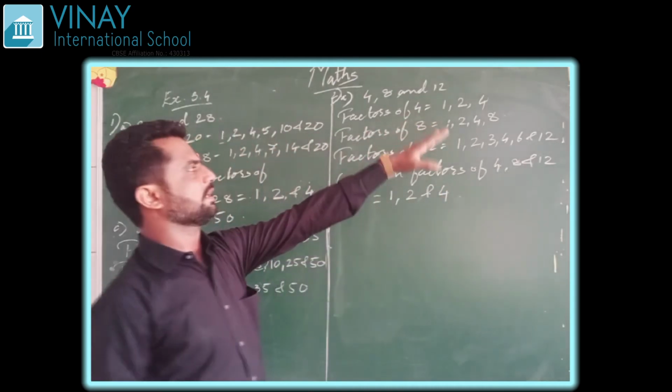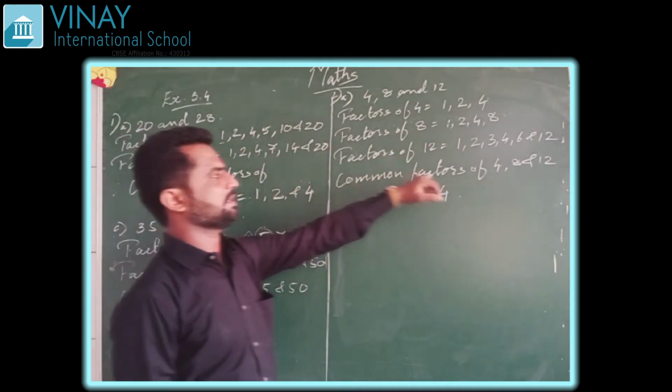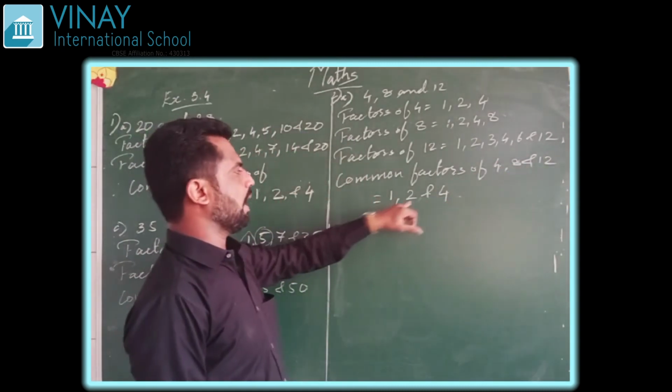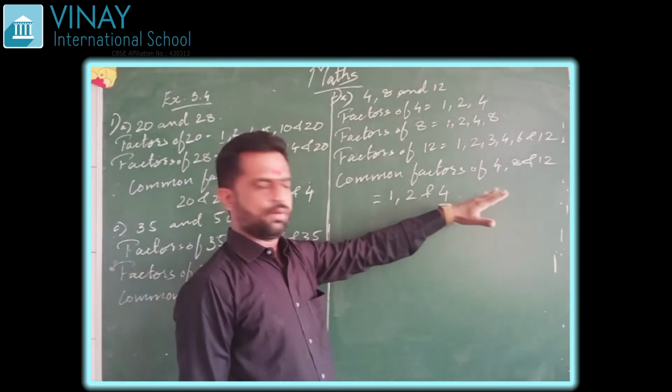That is all the factors of 4. The common factors of 4, 8 and 12 are 1, 2 and 4.